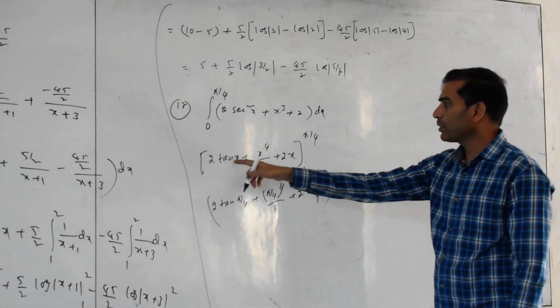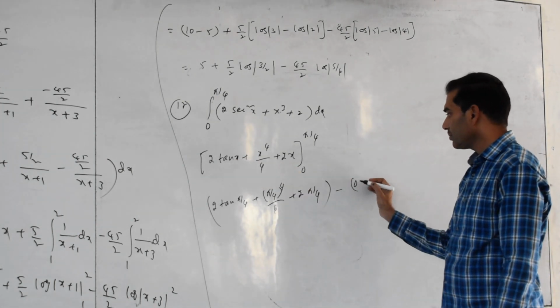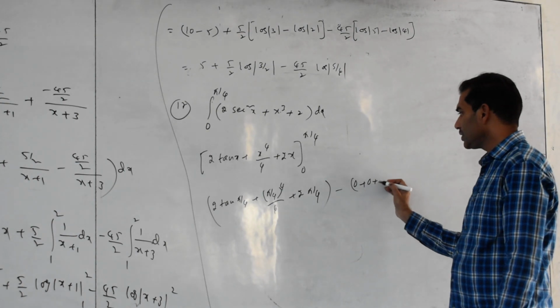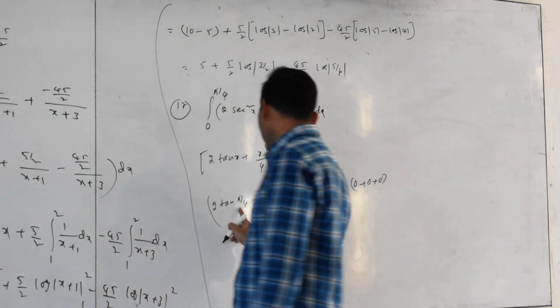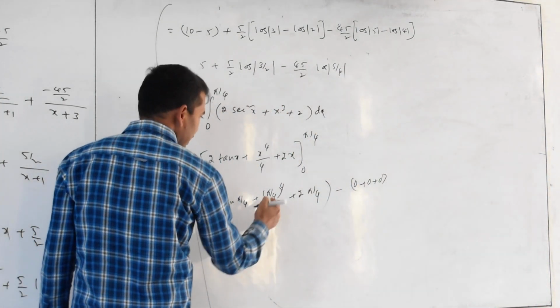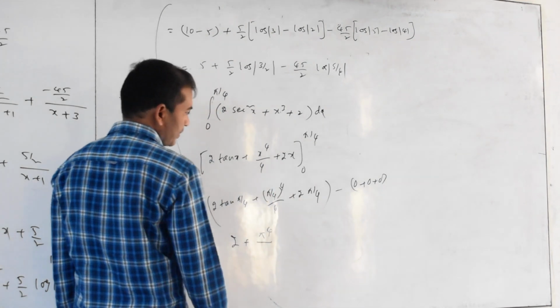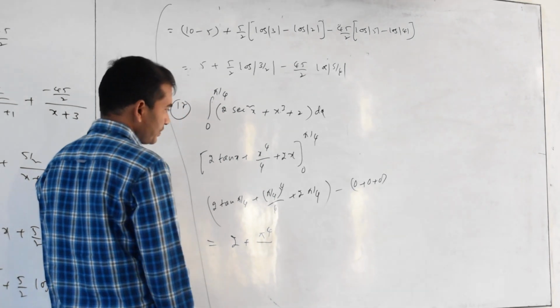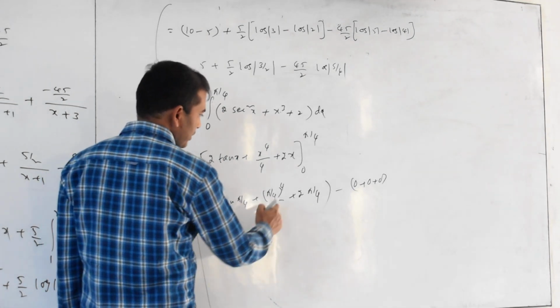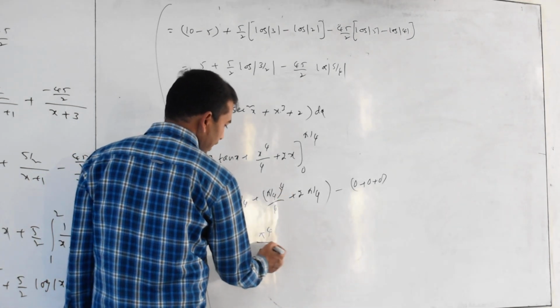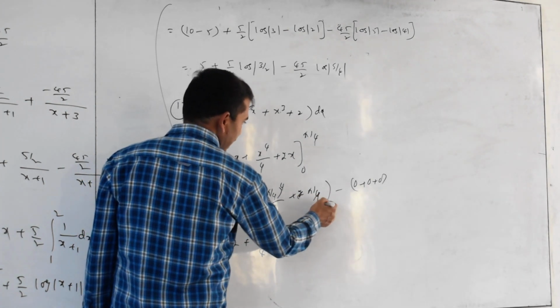Minus lower limit. Put x equal to 0. Tan 0 is 0, x power 4 is 0, 0. Tan pi by 4 is 1. So 2 plus pi power 4 by 4 power 4, 4 power 4 into 4. How much? 4 power 4 into 4 means 4 power 5, plus let's cancel, pi by 2.